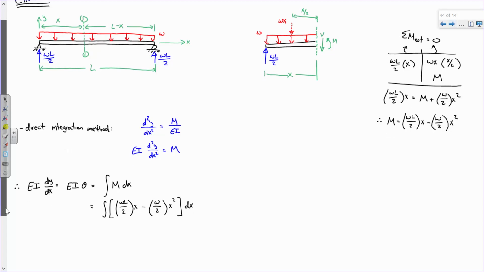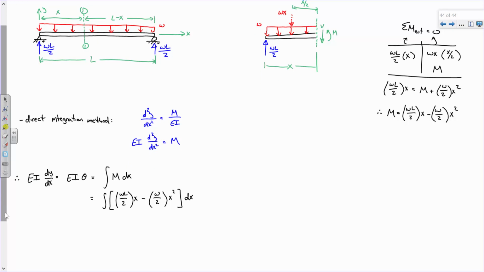Is everybody okay with that? I think if the second derivative is M, then for the first derivative, I just got to integrate that.